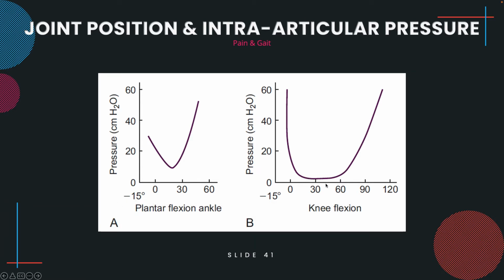So oftentimes patients will keep their joints within a limited range of motion to reduce the discomfort associated with increasing their intra-articular pressure. When you think about all the different positions that all of the joints have to go through to get through the gait cycle, as well as the need to bear weight on all of these joints, you can probably see the potential barriers that pain can cause for gait.